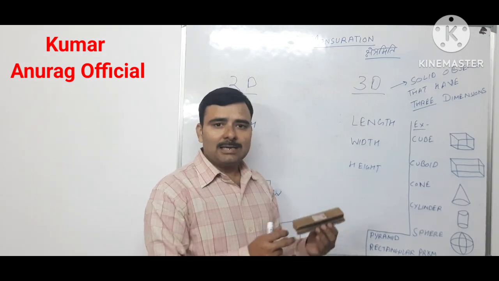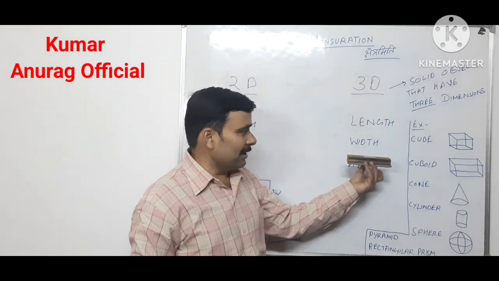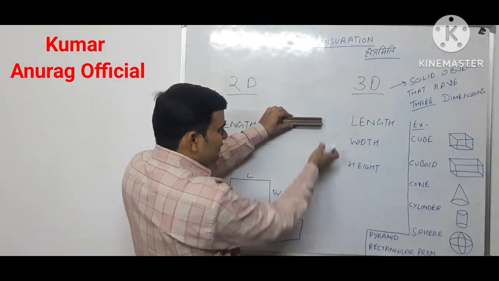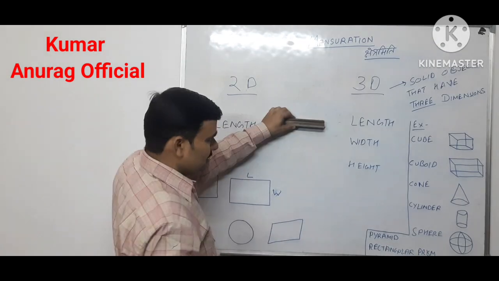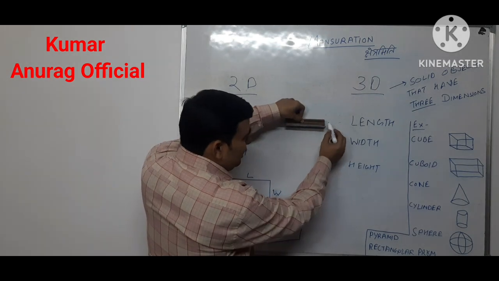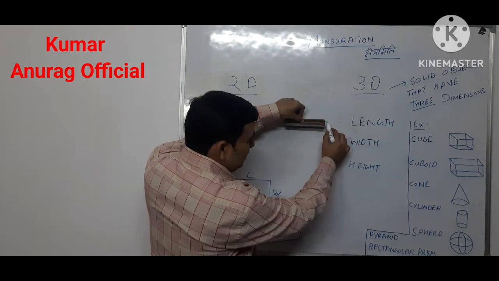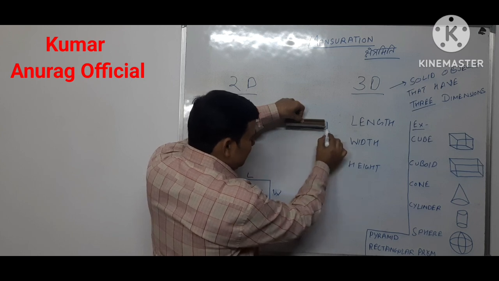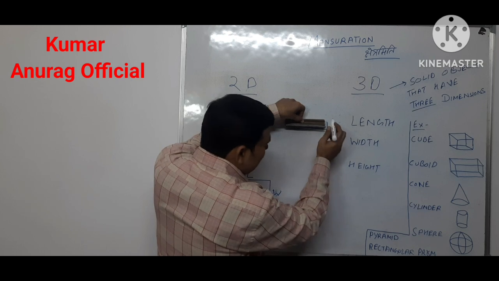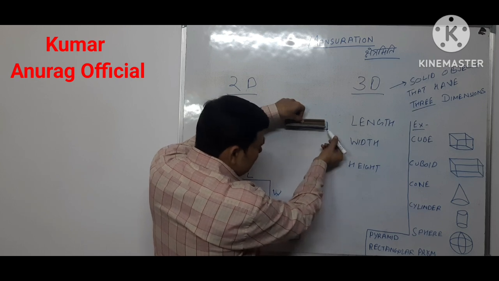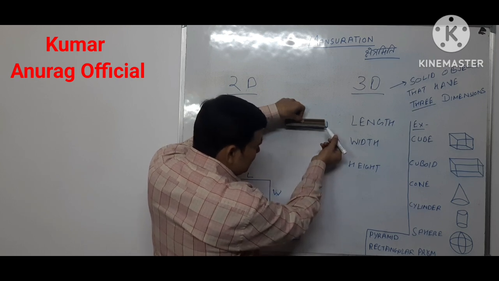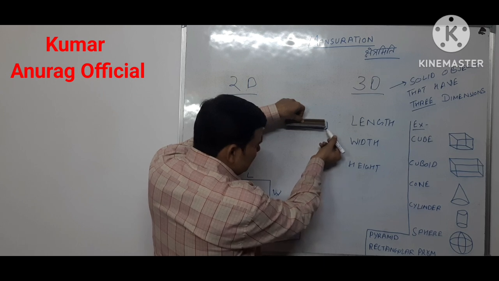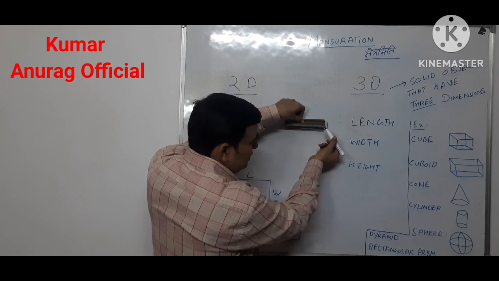For example, I have a duster that is similar to a cuboid. Here you can easily say that there are three dimensions. For example, if you want to draw, then you can assume that this is the breadth and this is the length. But you can see there is one more dimension, this dimension, and this is known as the height of these 3D shapes.